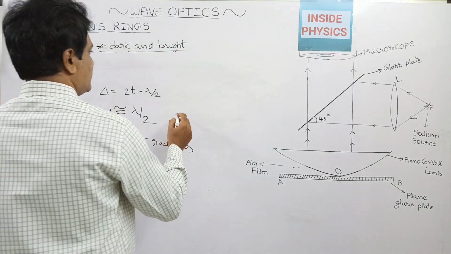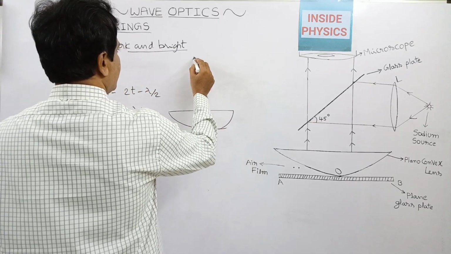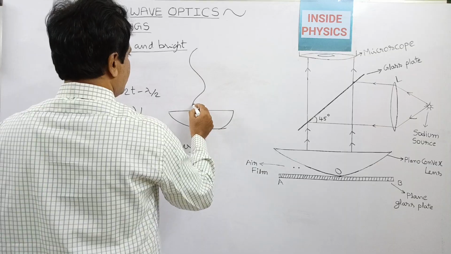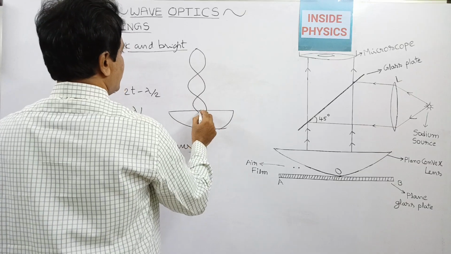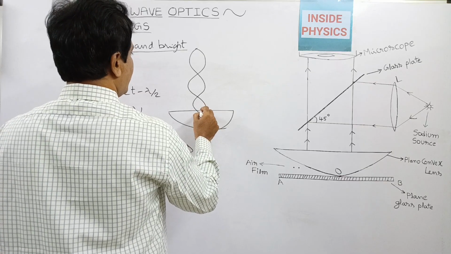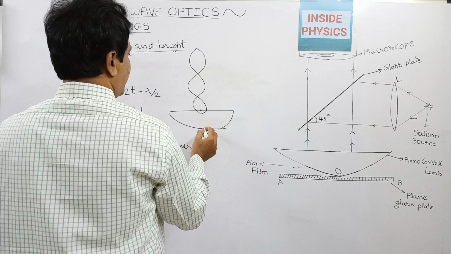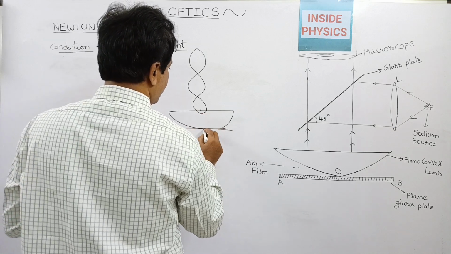See how we will see. This is a plano-convex lens, and the waves which are forming here will be like this. Once they reach here, and the light is incident on this plane, some part will be reflected back, and again reflection will take place at this point, the 0 point.